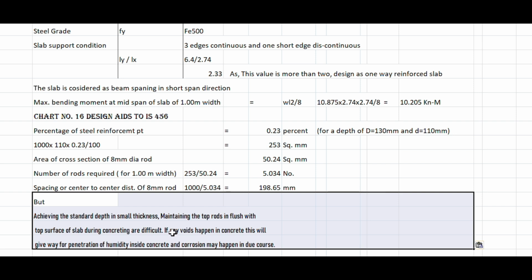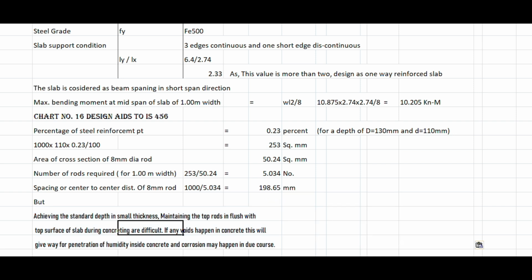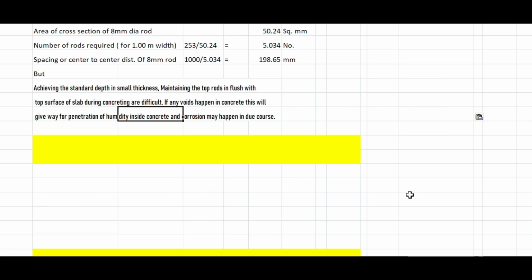Also sometimes voids happen in the concrete, which may give a little porosity and give rise to penetration of water, which may cause corrosion in the steel.